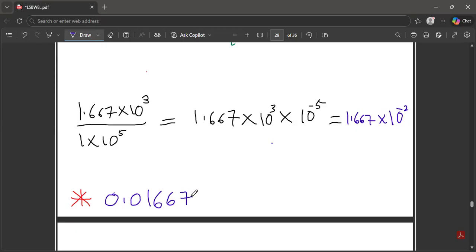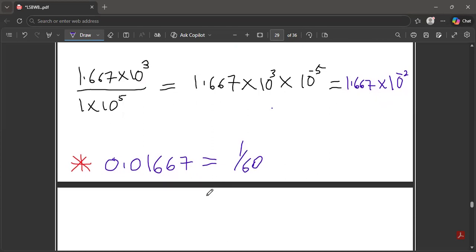Okay. 0.01667 is the same as 1 over 60, approximately. Okay, so let's proceed.